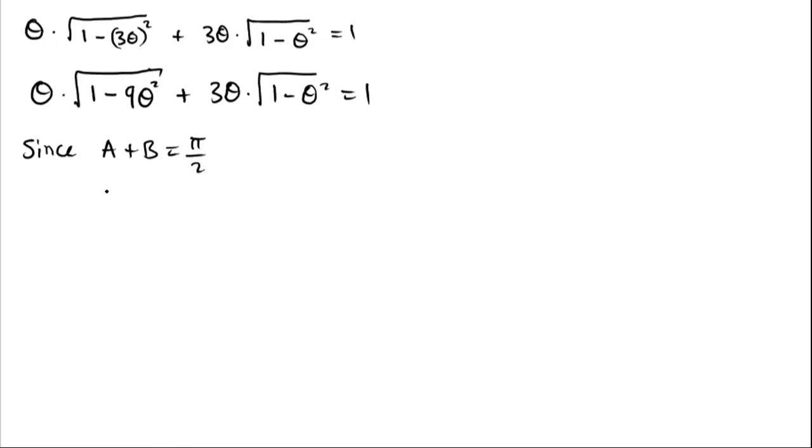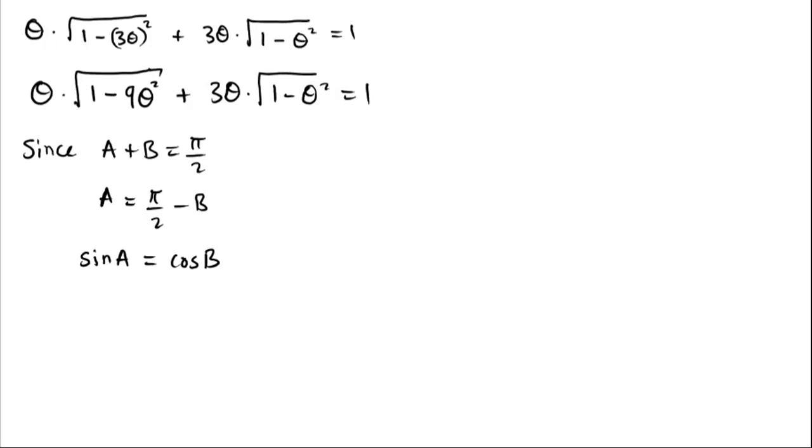This means that a is equal to pi over 2 minus b. Since we are subtracting from 90 degrees, this is as good as saying that on the left hand side, if we have a sine, then on the right hand side, we have cos. These two angles will be the same. So sine a is equal to cos b.